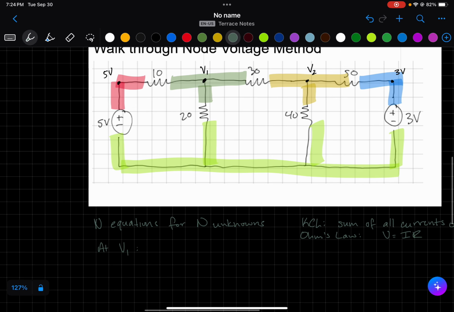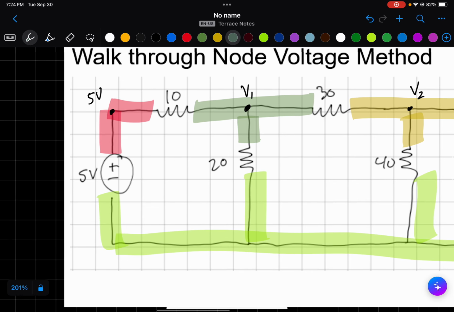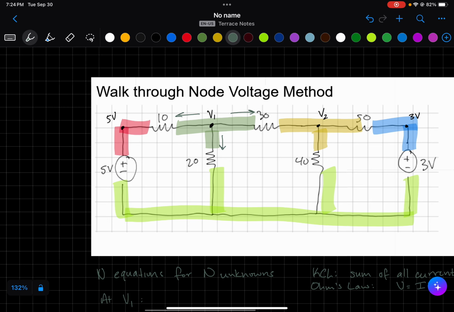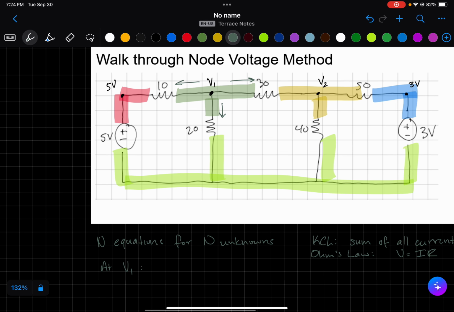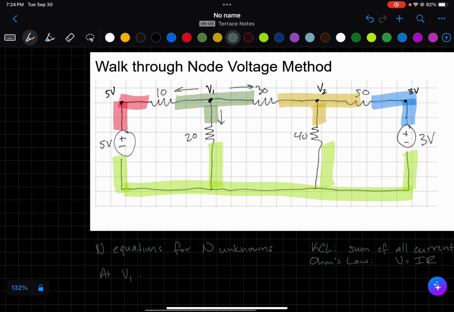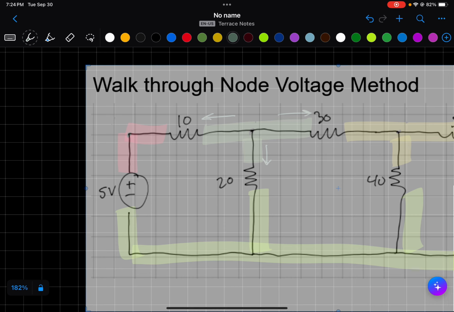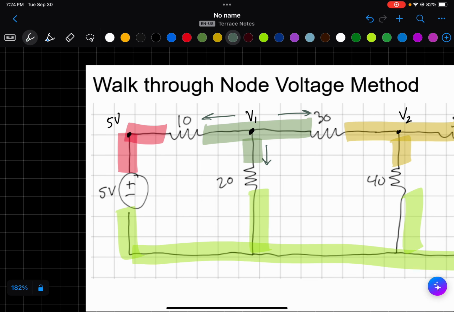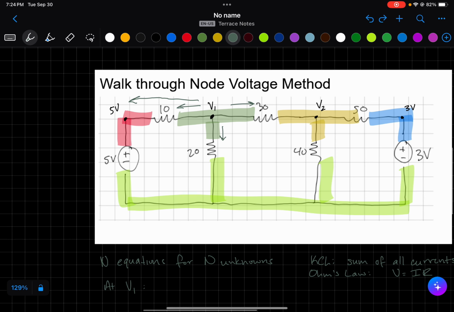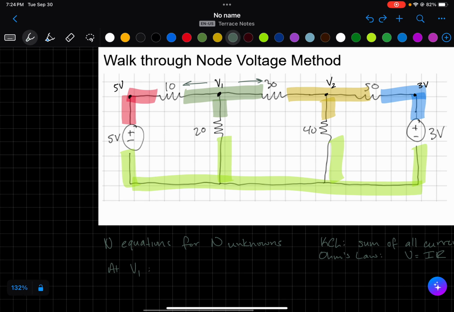So at node V1, we can assume that the currents are coming out like so. So this one right here is going across this resistor to the 5 volts.